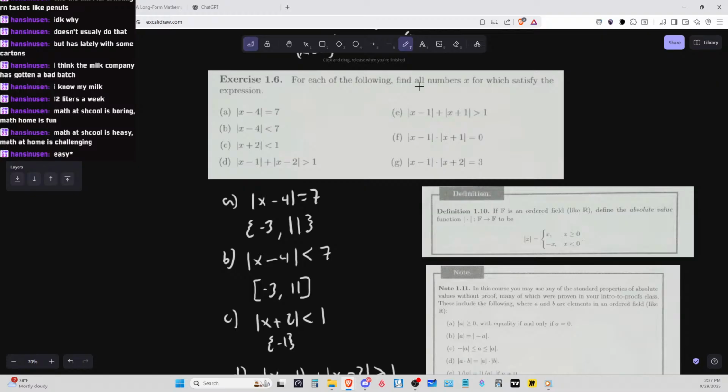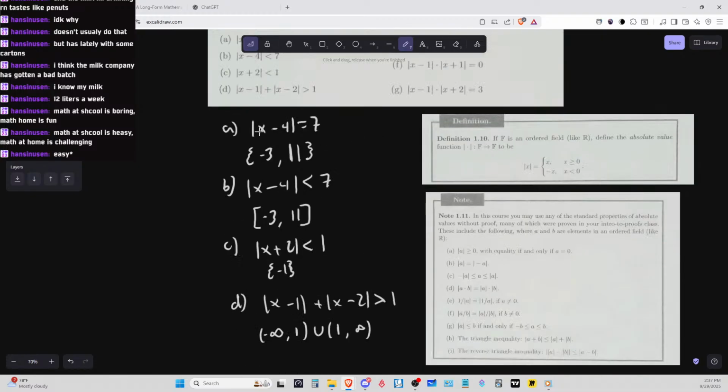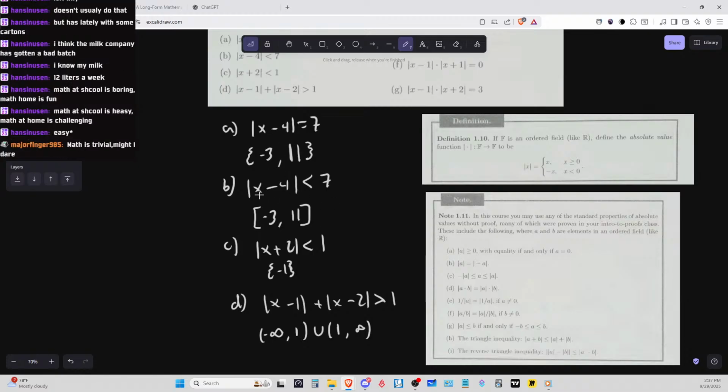So I think we're supposed to just find all the numbers. Because this one is just going to be a set of 2 numbers. This one is going to be a closed interval. This one is just a set, just one number.